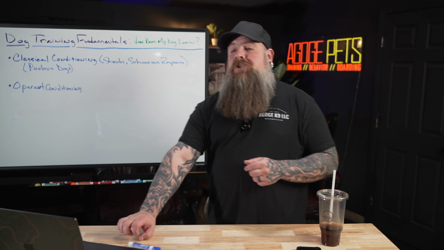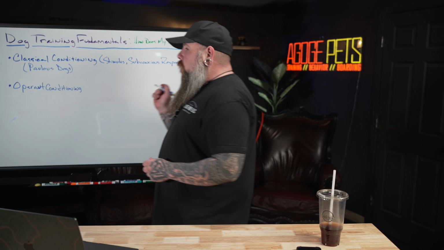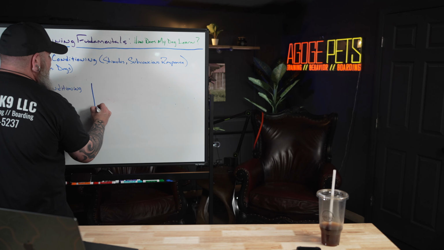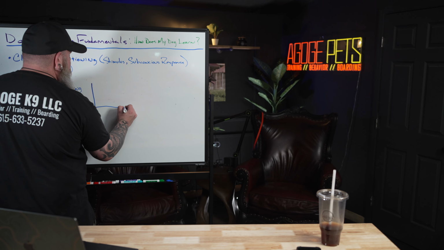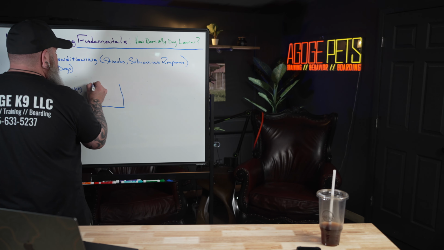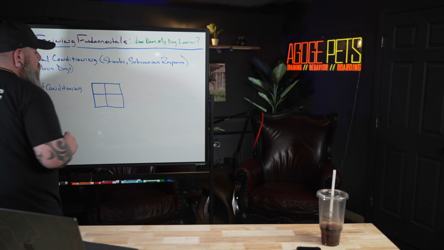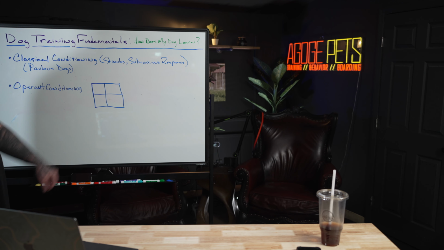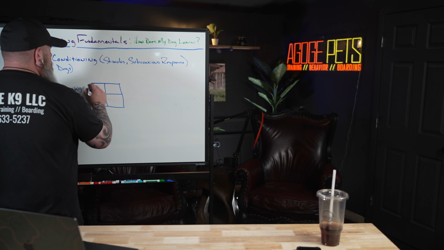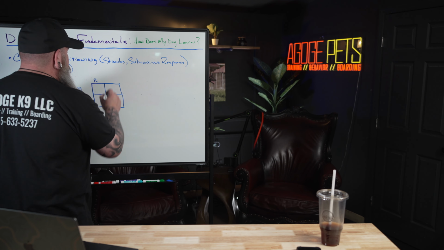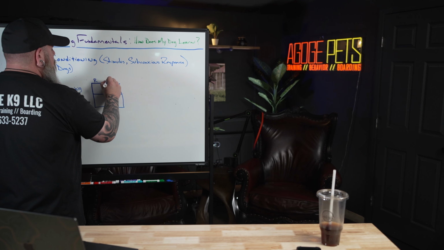In operant conditioning, there are essentially 4 quadrants. So there are 4 ways that this information gets translated to our dogs. In those 4 quadrants, you've got 2 quadrants that are reinforcement, and 2 quadrants that are punishment.